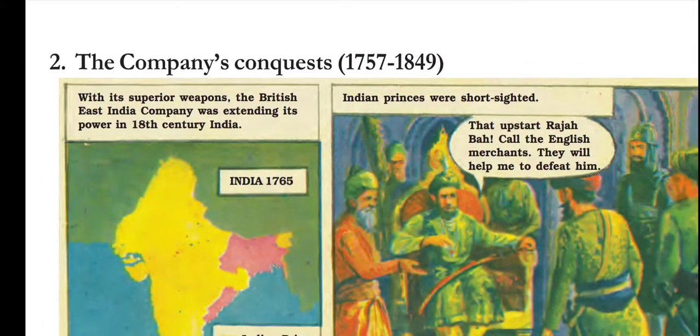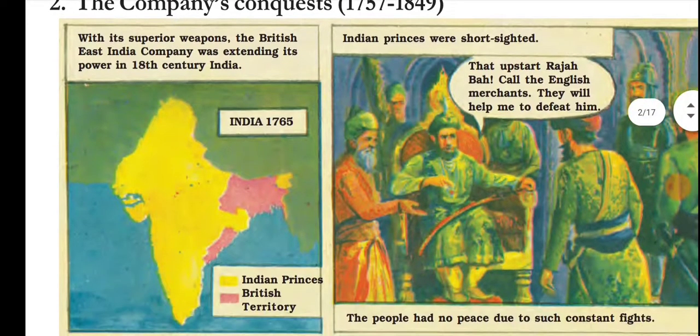Then number 2, the company's conquests, 1757 to 1849. With its superior weapons, the British East India Company was extending its power in 18th century India. You can see this is a map of India in 1765. Here, the British territory is trying to extend its territory in India.